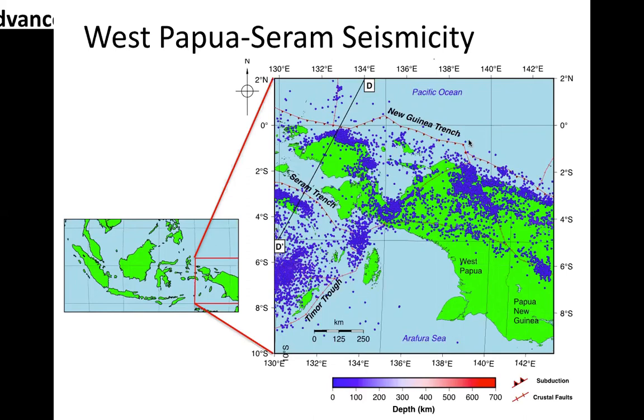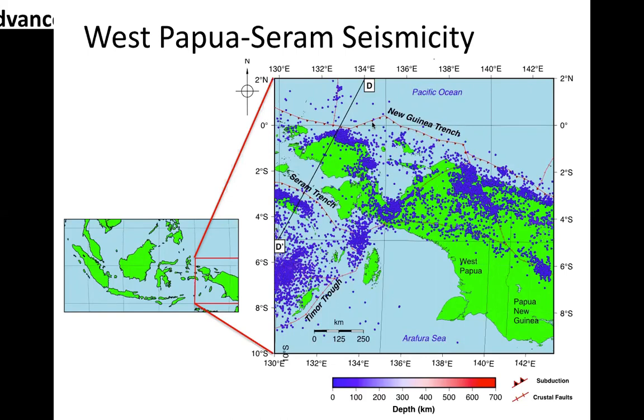It's a fairly flat slab determined from seismic tomography, having a very shallow dip between about 10 and 30 degrees. And as we can see here from hypocenters, it does not appear to be seismically active below about 200 to 300 kilometers.